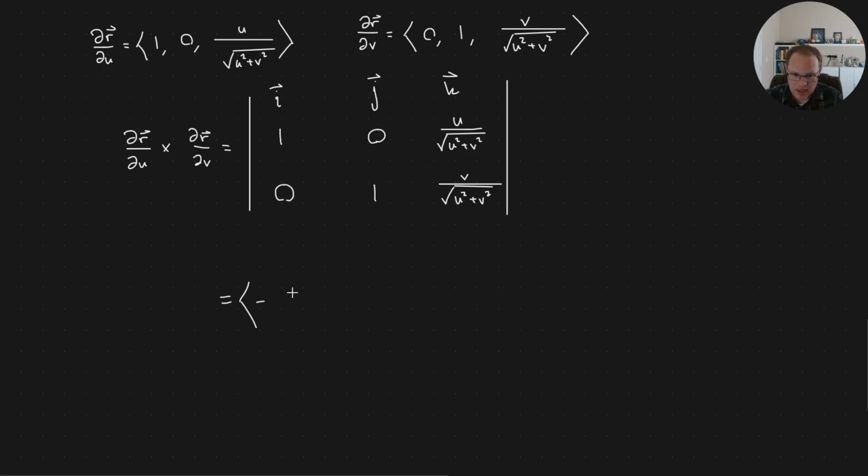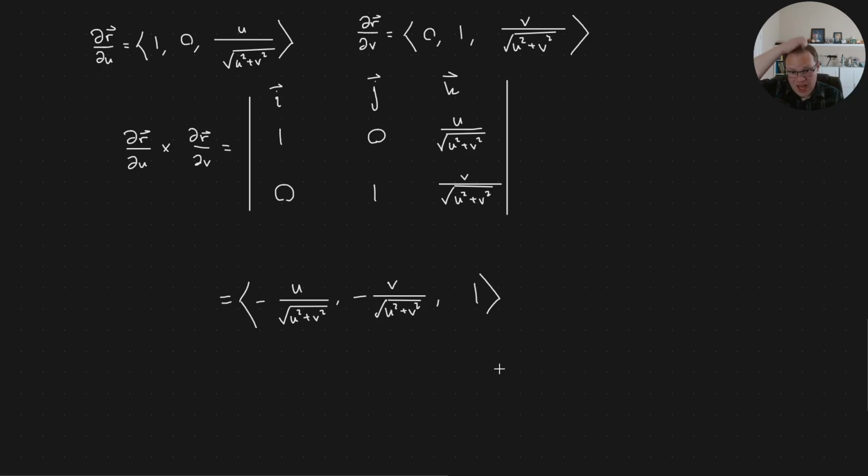So that's going to be negative u over root u squared plus v squared. Comma, the j component: v over root u squared plus v squared minus 0. So it's just going to be v over root u squared plus v squared. But since it's the j component, I get a negative in front. And then k, 1 minus 0. So just 1.